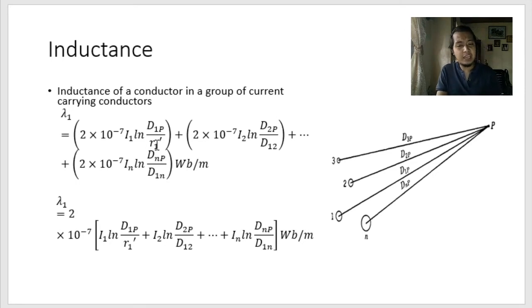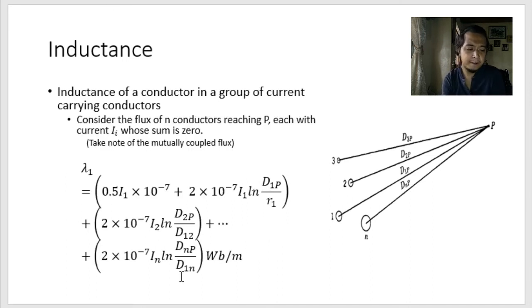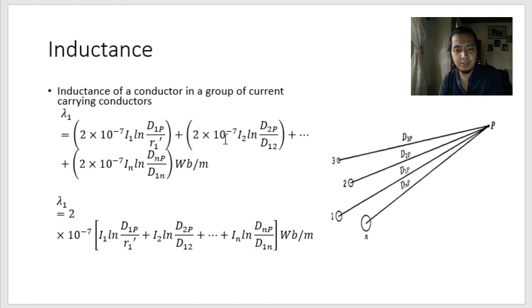I leave that to you, how to put the 4 inside the ln. And then for the other terms, they stay the same. And I guess the beauty of this equation is that this 2 times 10 to the negative 7 we can now take out. And then you have I1, I2, and so on and so forth, In. That's the beauty of that equation.